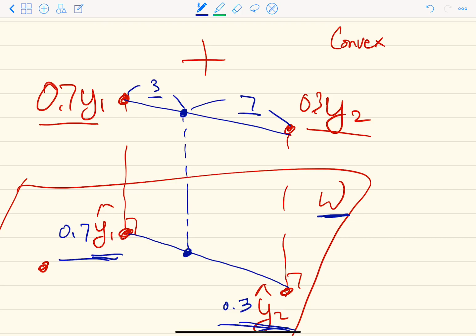And this point will be at 3 to 7. So if you imagine an interpolation outside of W, and we first perform the linear combination and then project, that result will be the same as the linear combination of the projected outputs.